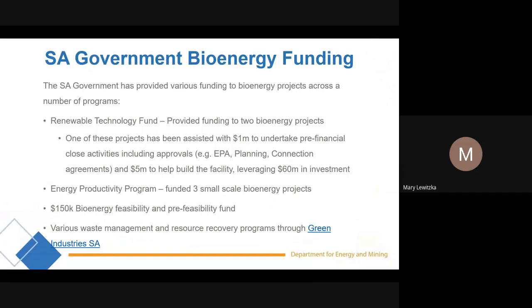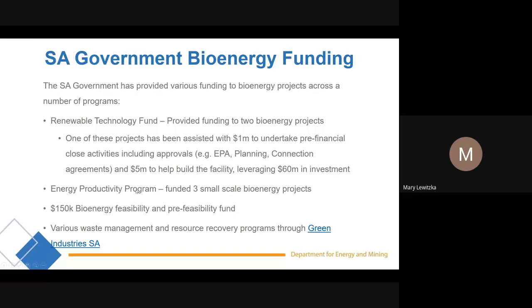The South Australian Government has provided various funding to bioenergy projects across a number of programs. So we've had the Renewable Technology Fund, which was $150 million, and that provided funding to a couple of bioenergy projects, one of which was assisted with $1 million for that early stage development, and a further $5 million to help build the facility.